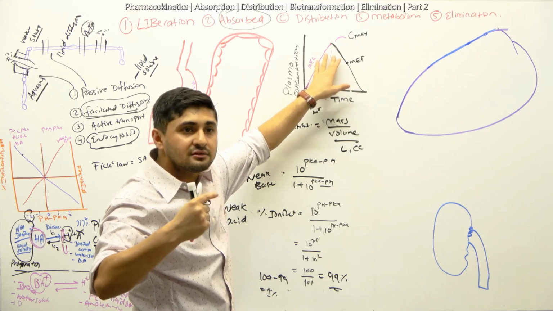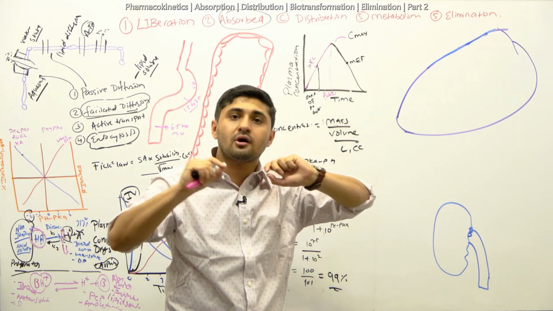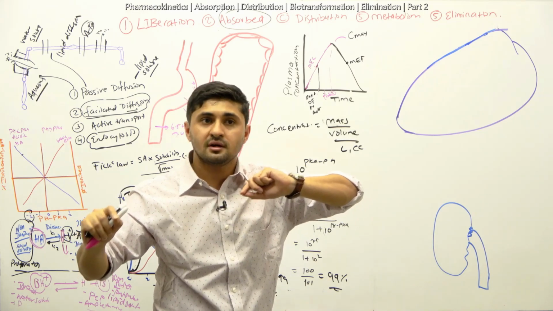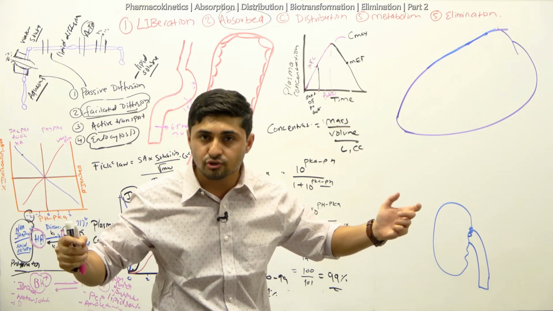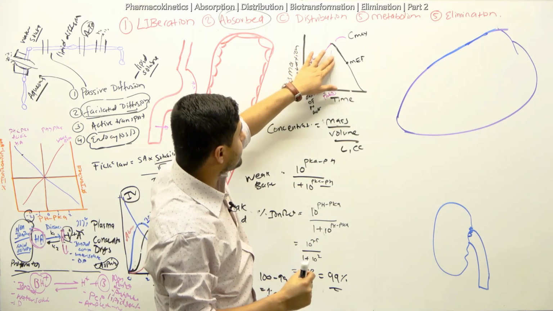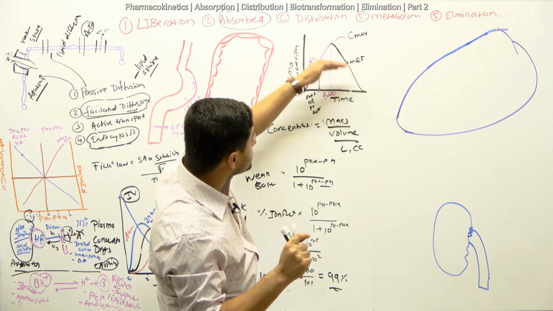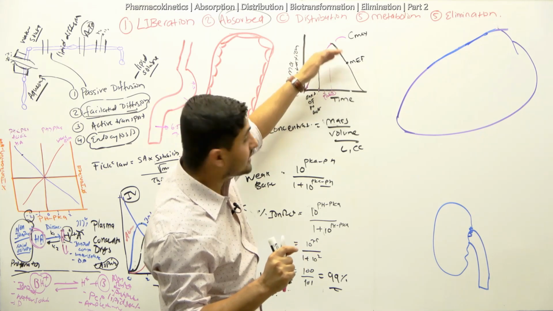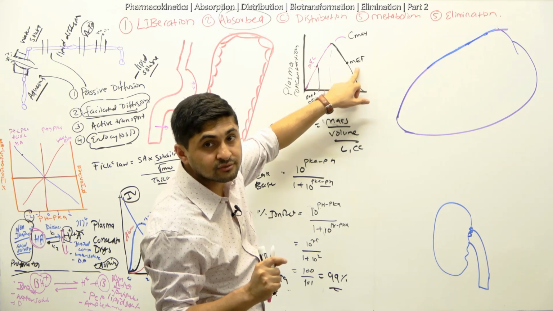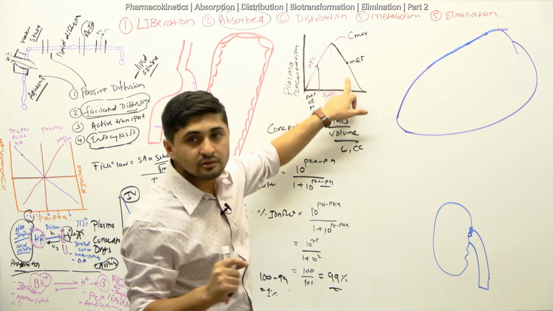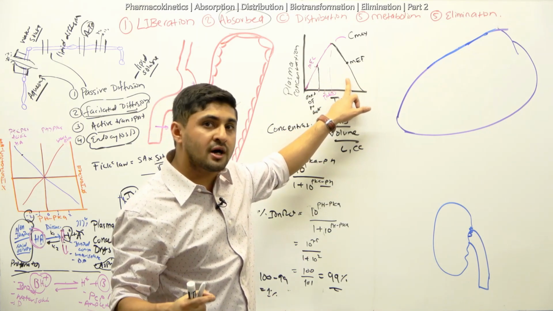What happens is that there will be alterations in their chemical properties. Lipid soluble drugs become water soluble drugs, okay? But they're not destroyed, right? So it is going to have a lesser effect. The effect of the drug will start decreasing, and once it's reached the minimum effective concentration and falls below, you will no longer have the effect of the drug, right?